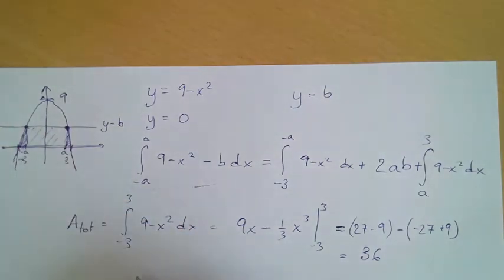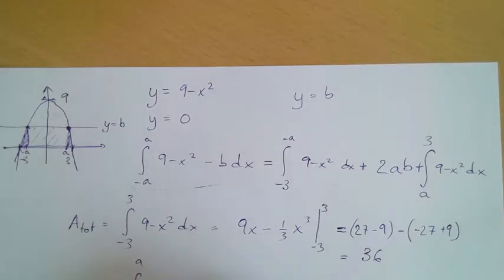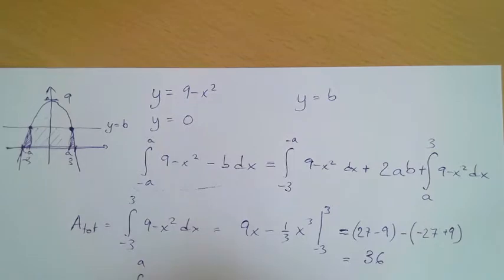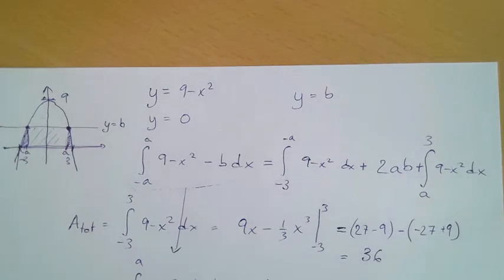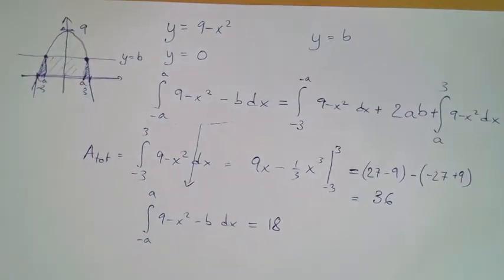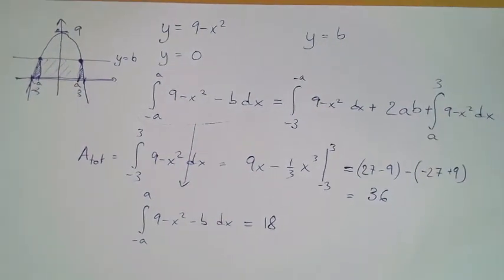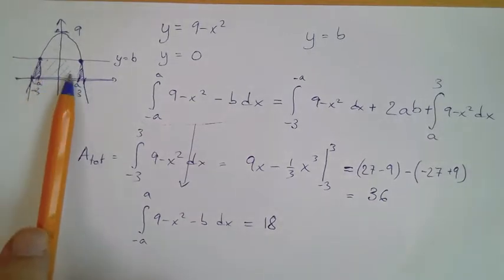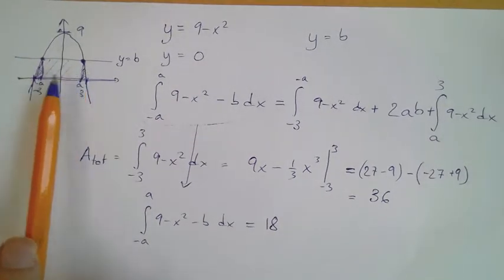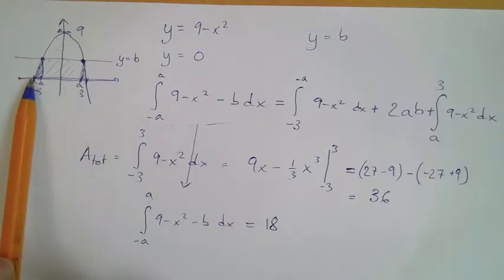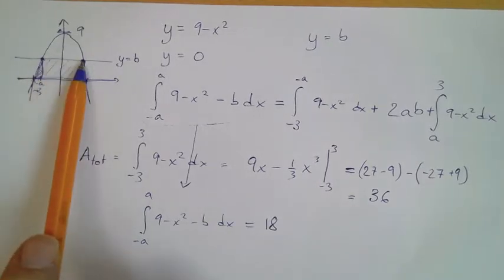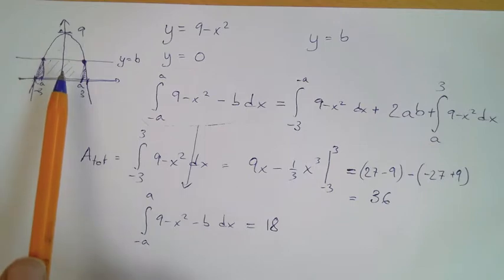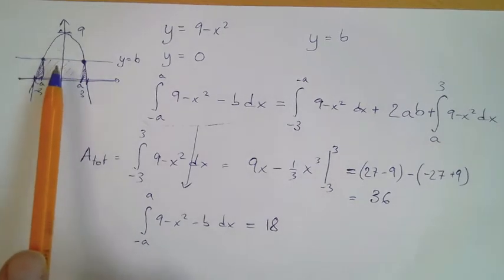The integral from negative a to a of 9 minus x squared minus b dx, which I just copied from here, should be equal to 18. Before we move on, we're going to do something that we could have done from the beginning, and that is to recognize the fact that these two parts are symmetrical about the y-axis, so that instead of always integrating from negative 3 to 3 or from negative a to a, we can just integrate from 0 to 3, 0 to a, and it's just going to be half again of what we have.